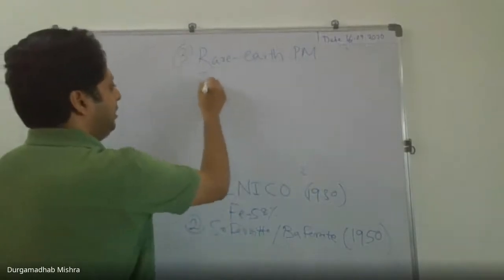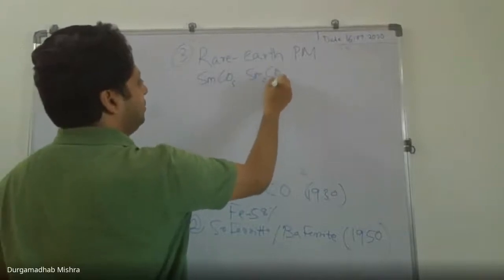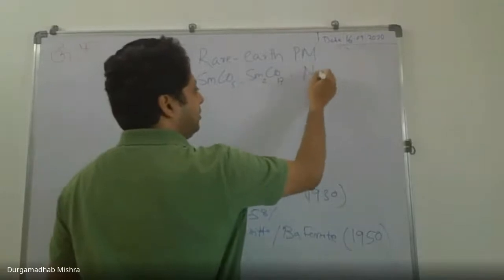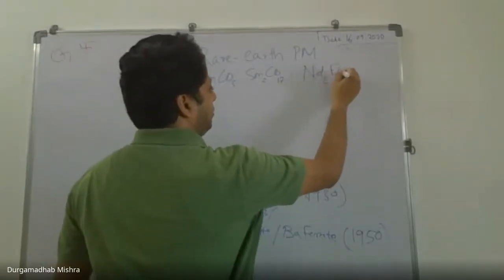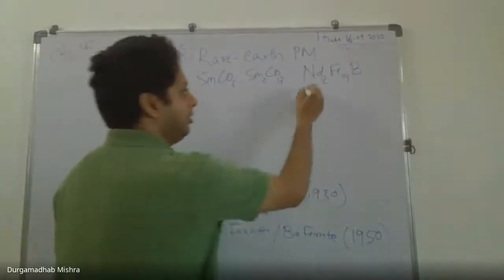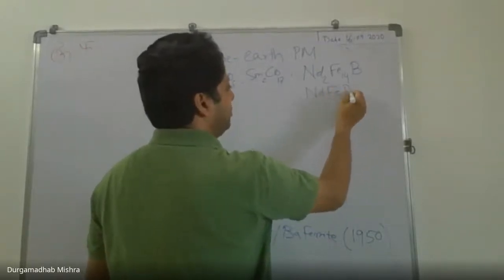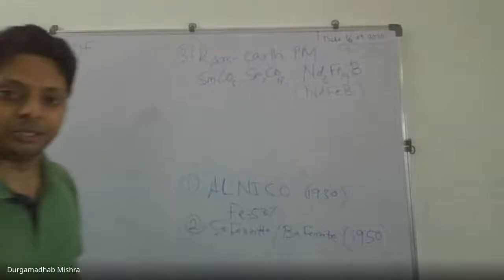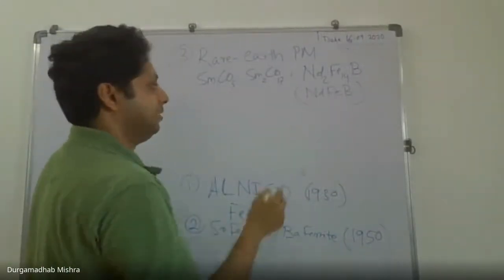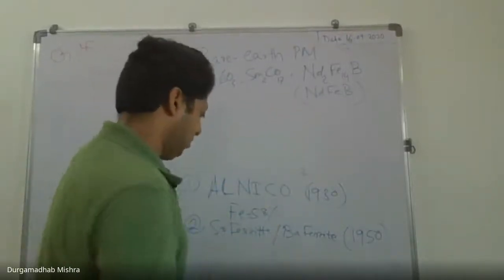These are different compounds, and nowadays there is neodymium iron boron, sometimes written in short form. This is used quite a lot nowadays as a permanent magnet material, and again the BH max is much higher compared to these two permanent magnets.